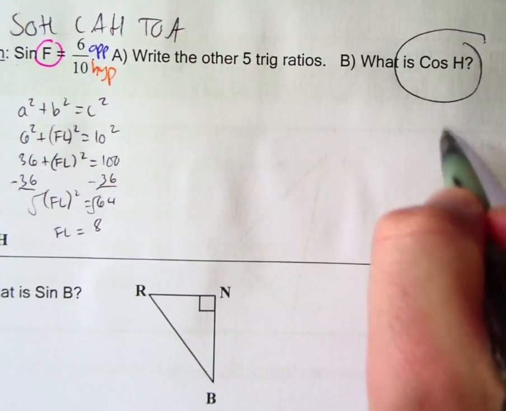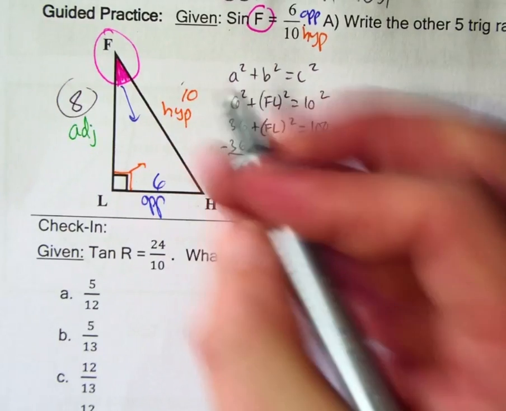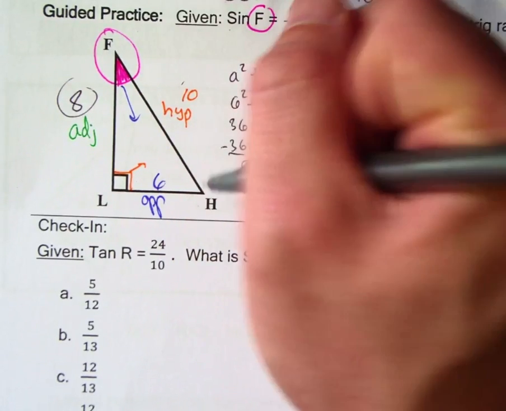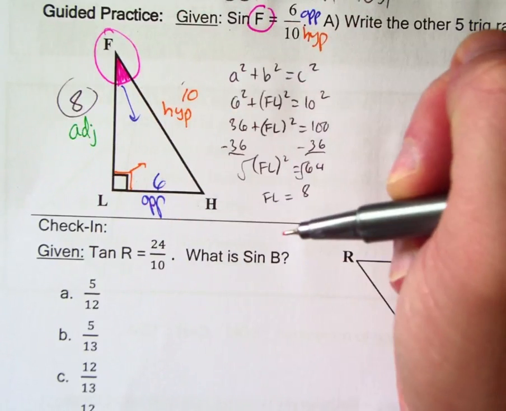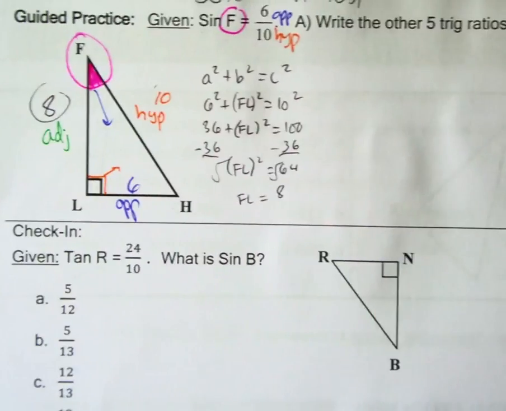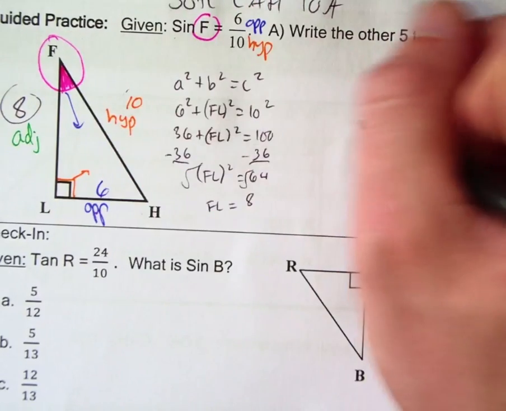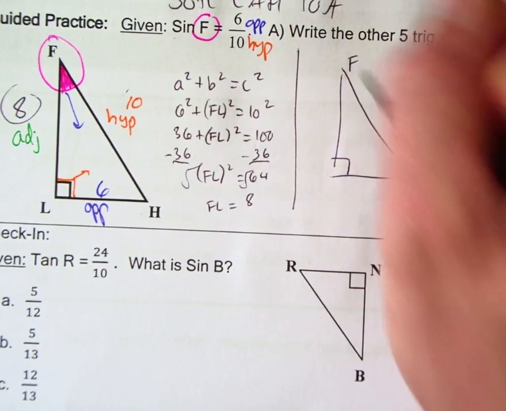What's cosine of H? So notice your reference angle's changed. I'm actually coming from down here. So you might want to resketch the triangle, or just realize now that from H, this is your opposite. This is your adjacent. If you don't want to cross these out, that's fine. Make sure you leave the numbers exactly where they are.